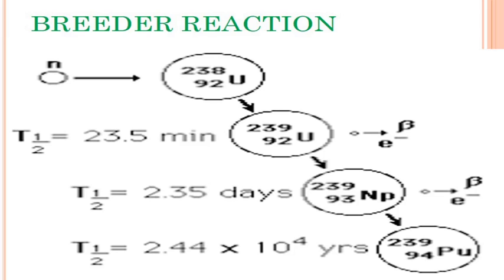Now that undergoes beta decay and forms neptunium. Again this neptunium undergoes beta decay. Beta decay means emission of an electron. It forms plutonium-94-239, which is a fissionable fuel.